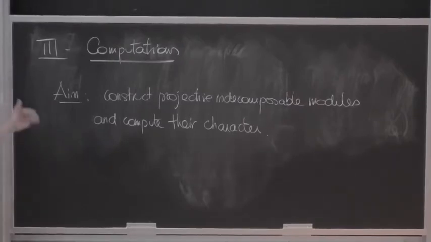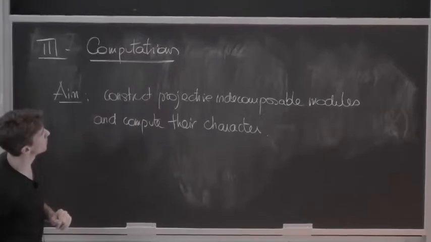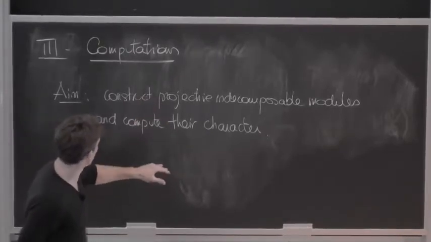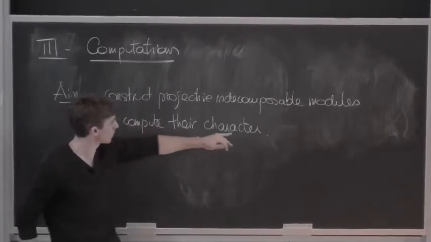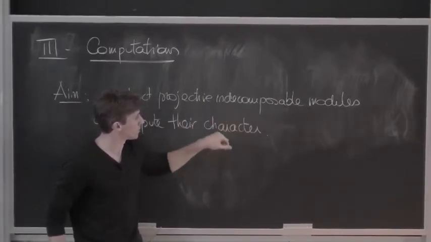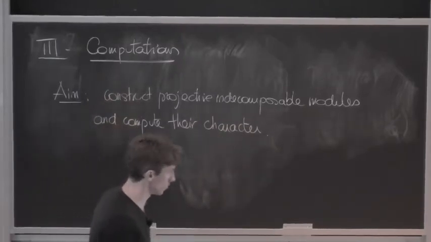It was indecomposable in characteristic L, but in characteristic 0 it will decompose, and you can look at all the multiplicities. Since I'm looking at only the part on unipotent characters, when I say compute their character, it's just the multiplicities of unipotent characters in these projective modules. That'll make things simpler.